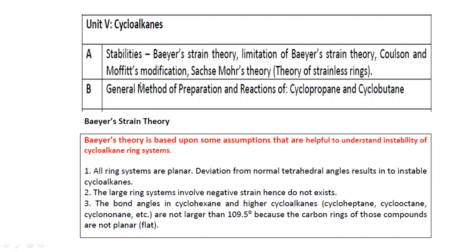Followed by this, in part number 2 we are going to discuss methods of preparation and reactions of only two cycloalkanes, that is cyclopropane and cyclobutane. So our first theory of cycloalkanes is Bayer's strain theory.